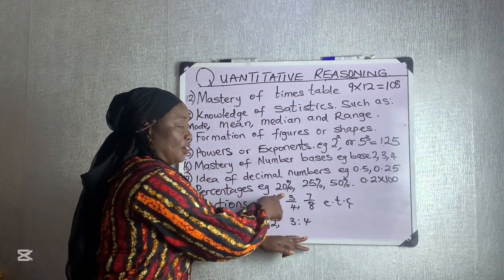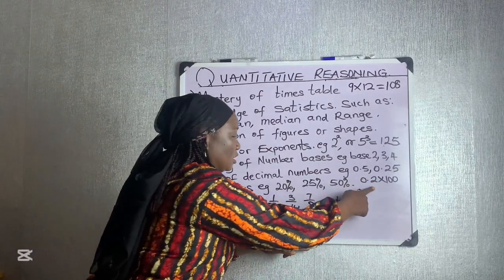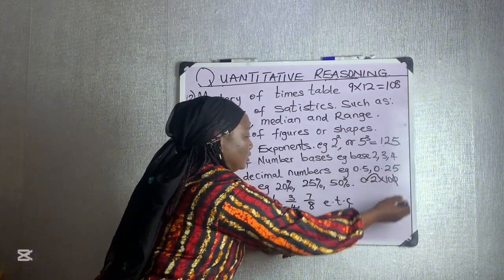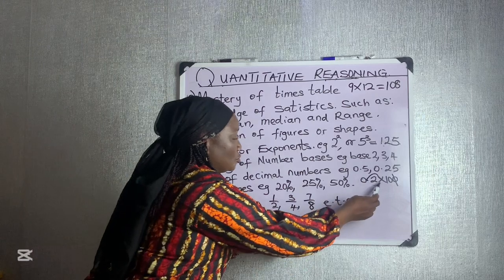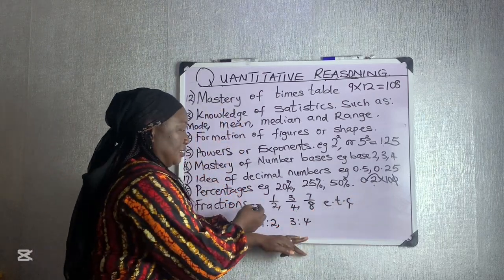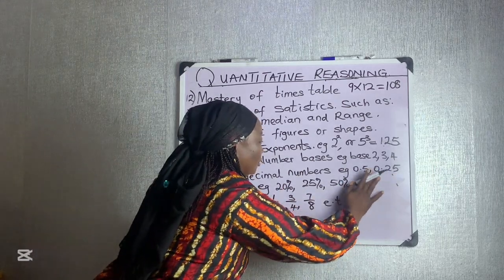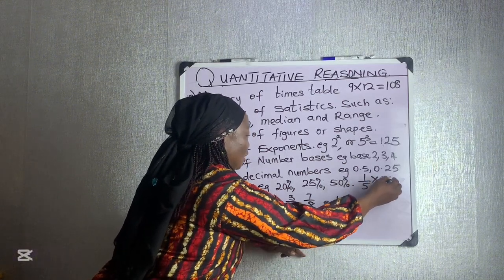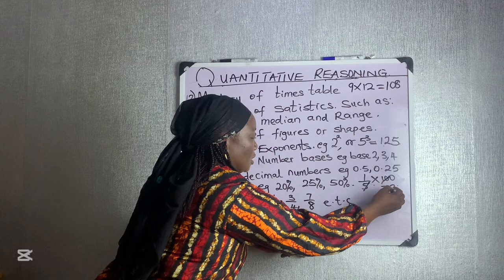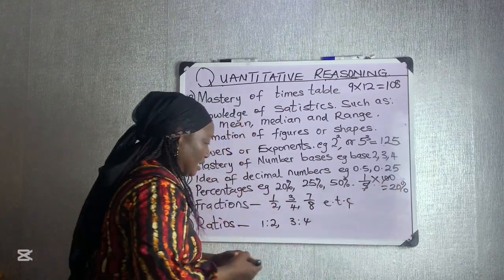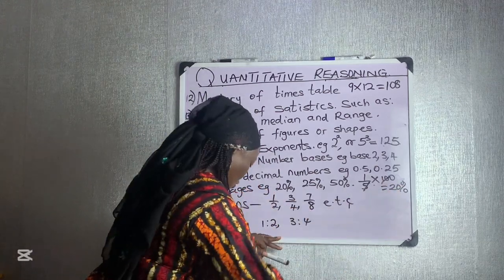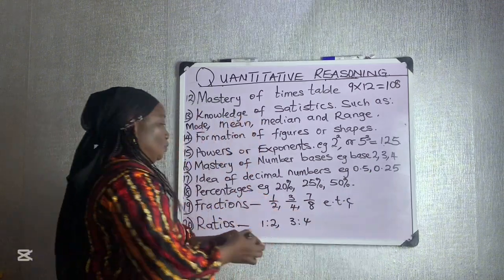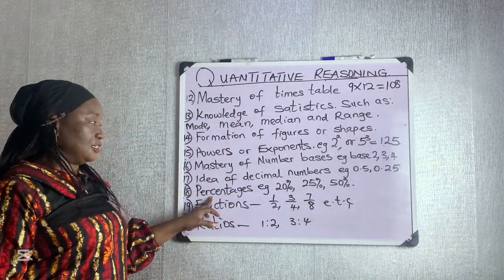Your reasoning will tell you, if you have learned percentages very well, that this one is moving from decimal to percentage, because you just move the decimal point and remove the 0, and 2 times 10 will be 20. It can as well be from fraction to percentage. 1/5 times 100 will definitely give you 20%. As the case may be, it can be in 2 ways. So this is mastering of percentages.